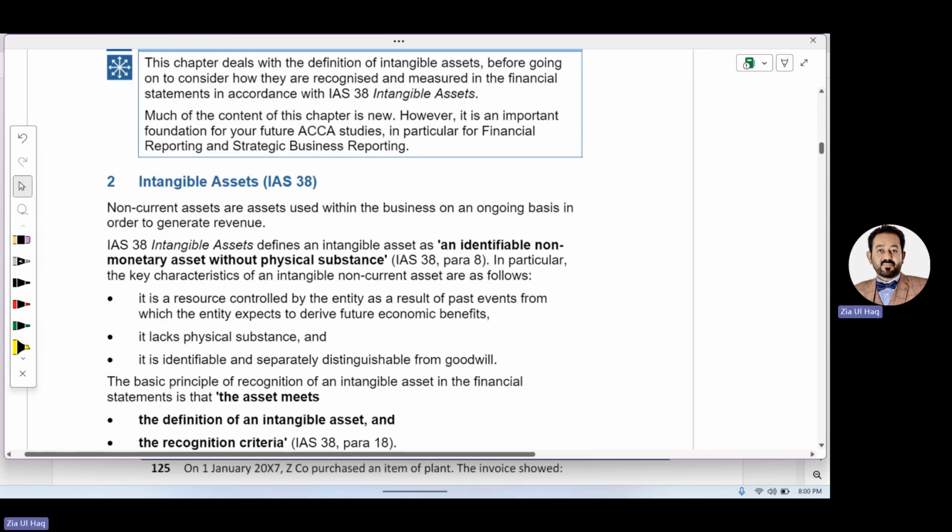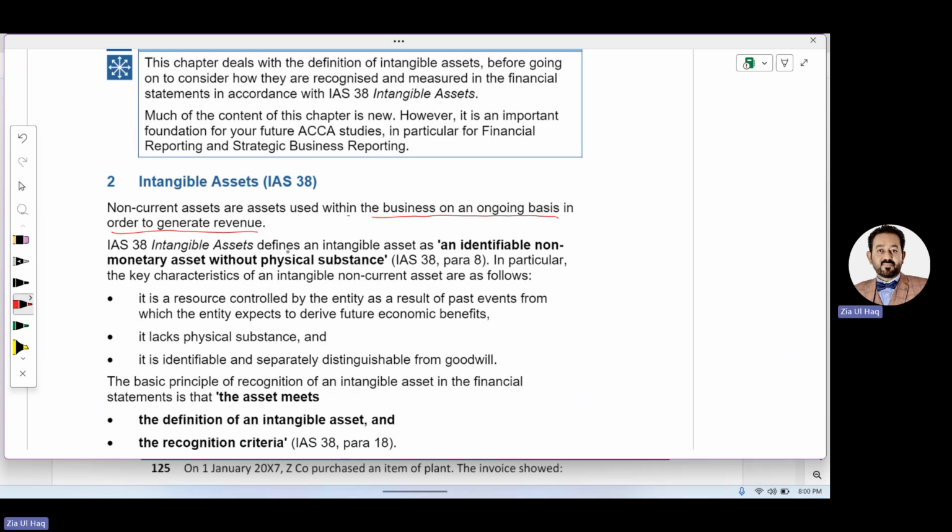So non-current assets are assets used within the business on an ongoing basis in order to generate revenue. The purpose of an asset is to generate revenue. That's why we are charging depreciation as a cost of asset usage to the revenue. Intangible assets have the standard IAS 38, while tangible assets have standard IAS 16.